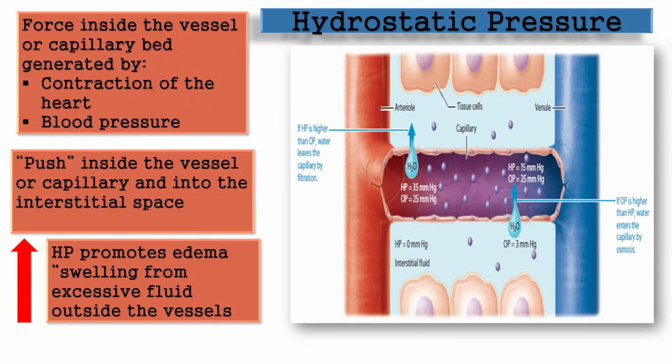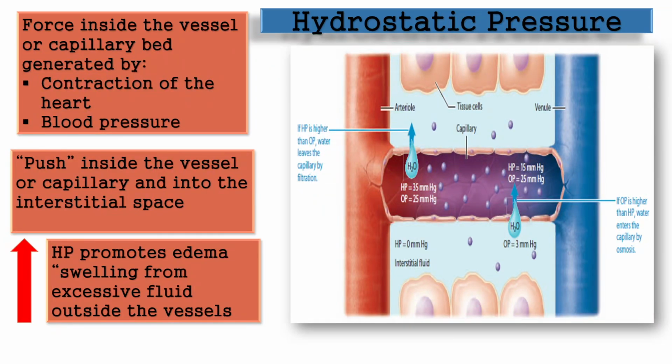So that is hydrostatic pressure. And because it's pushing, it's the push inside the vessel or capillaries into the interstitial space. That interstitial space is just what I was showing. When that blood comes out, it goes to the interstitial space.